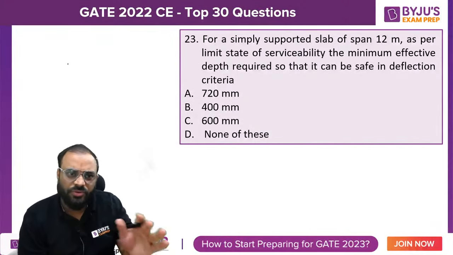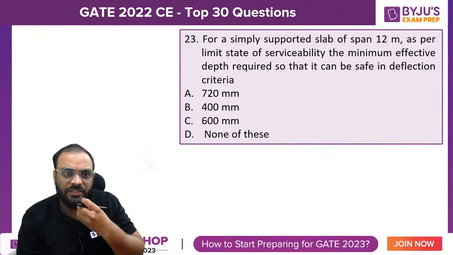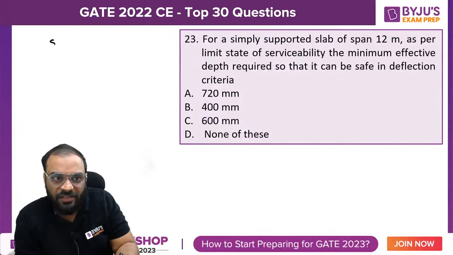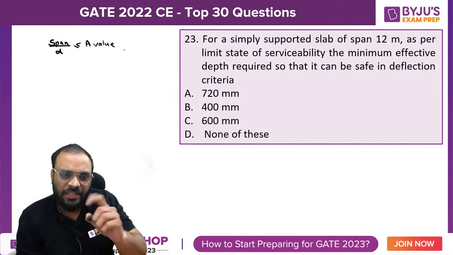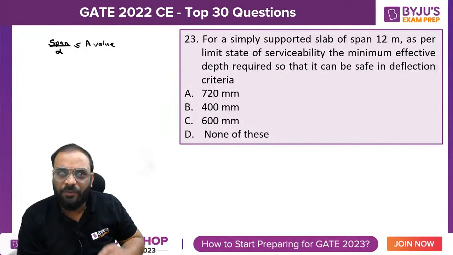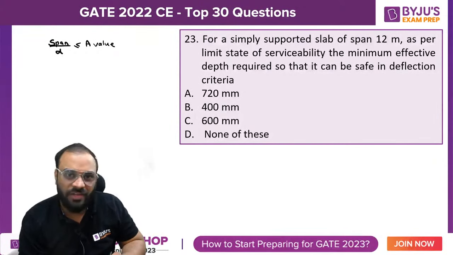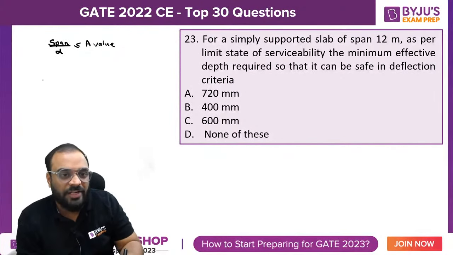I think all of you know this particular criteria, which is span upon effective depth, and it should be less than or equal to an A value. This A value will depend upon the support condition as well as some modification factor. Now let me tell you one thing, guys.